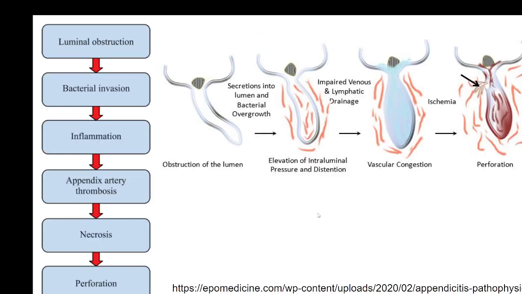Now, the basic pathology of appendicitis is that the inflammation is triggered, as I told you, due to the obstruction. But initially, the inflammation will be limited to the mucous membrane, the interior. During that period, the patient may have a clinical symptom of pain which is referred to the umbilical area.